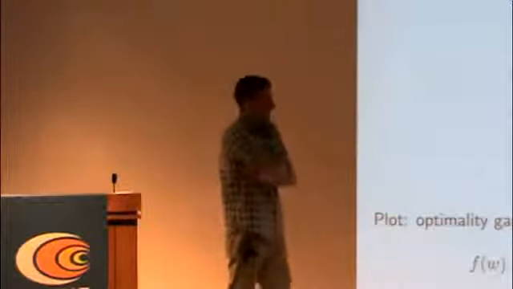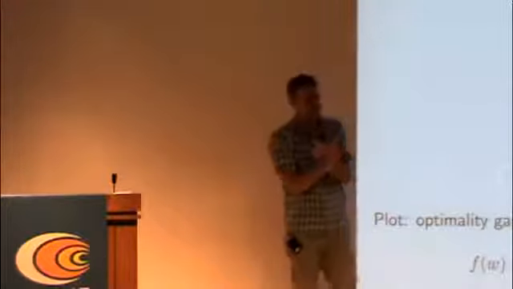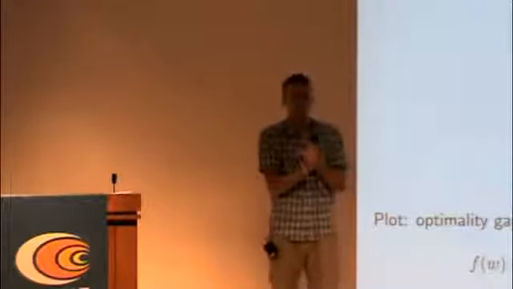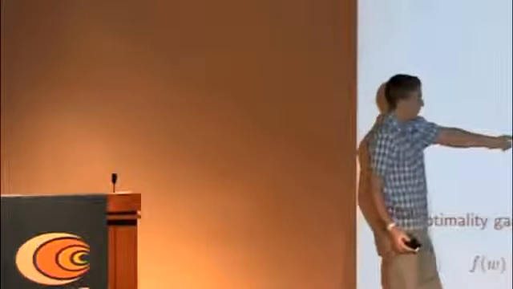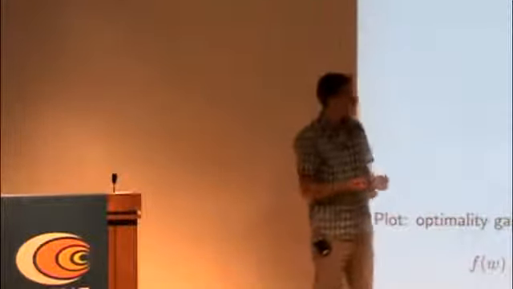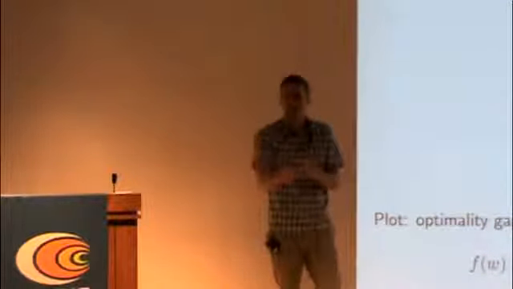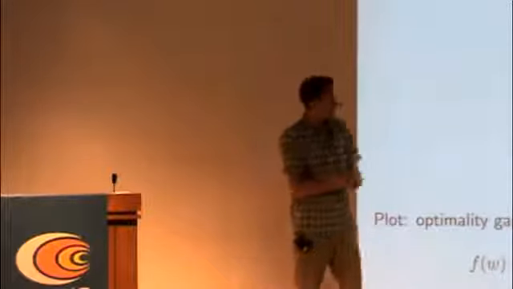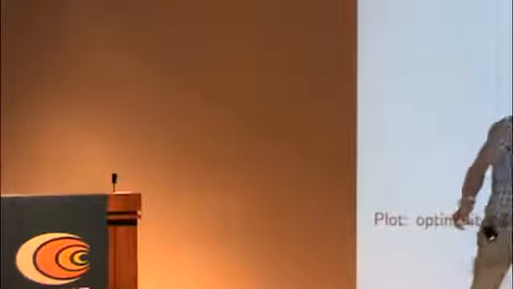I didn't actually show the exact algorithm we ran, but there are clearly some parameters in it. One is the step size that we're taking for gradient steps, and one is the amount of smoothing we're adding, because we're adding random noise at every iteration. This plot shows me running our algorithm for 2,000 iterations on a problem, and I want to see what its optimization error is at the end, depending on the step sizes I use and how much random noise I'm adding. 1 over u here corresponds to the amount of noise, and eta corresponds to the step size.